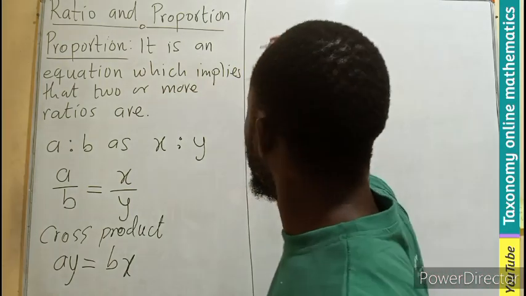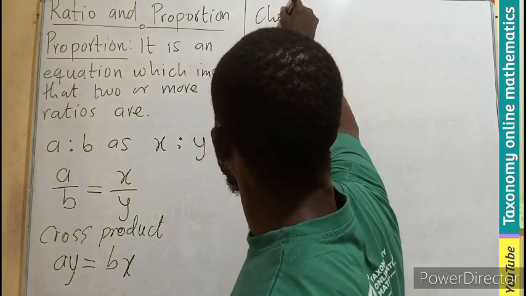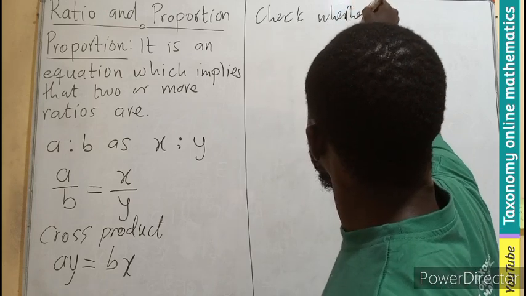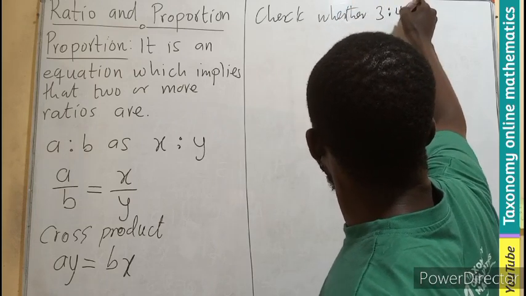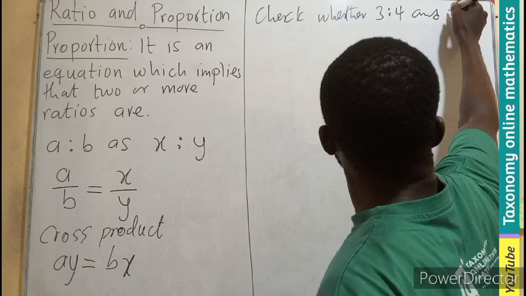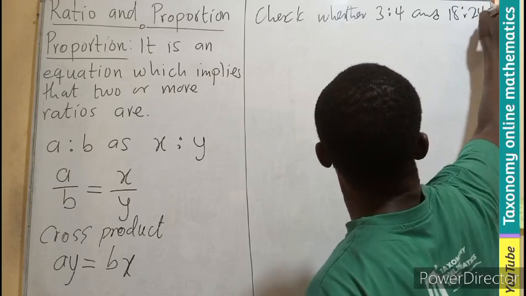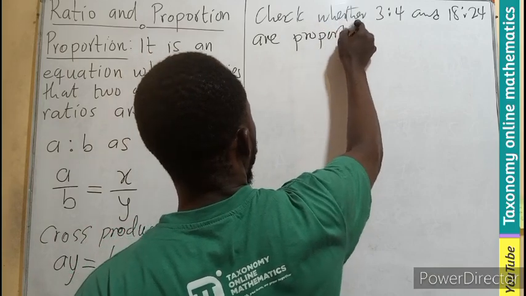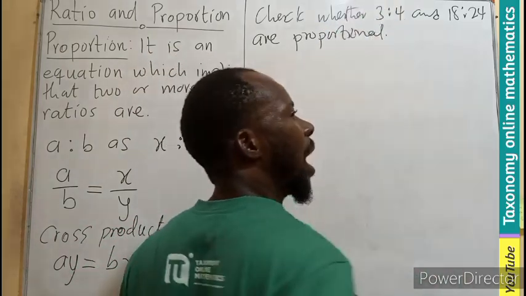So we want to check whether 3 is to 4 and 18 is to 24 are proportional.